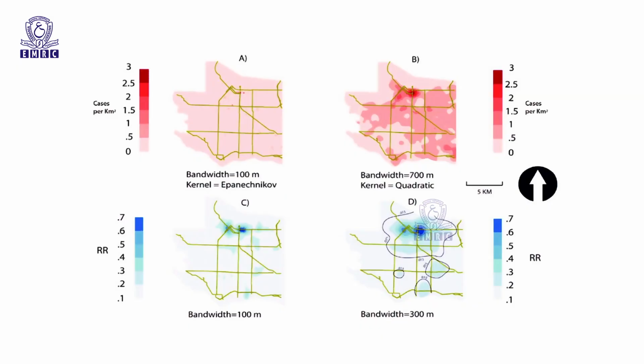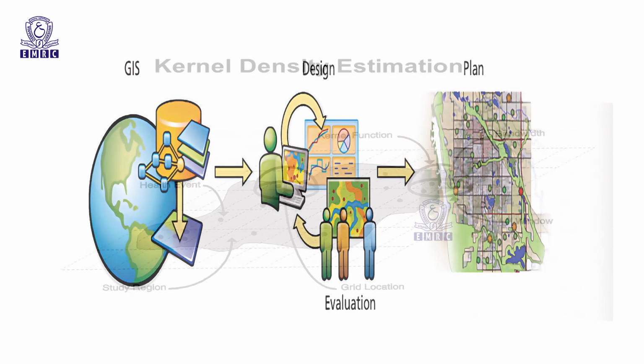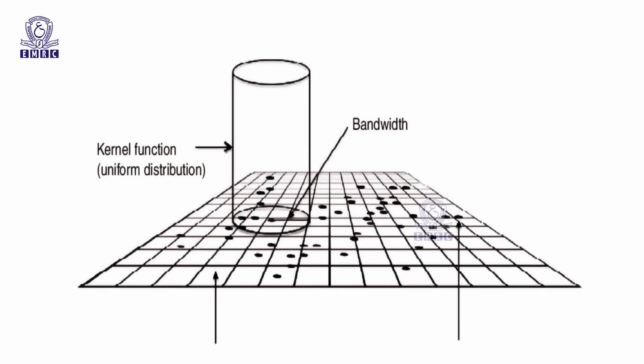For some applications, density estimation provides an alternative to point pattern analysis, which describes a pattern in terms of random, clustered, and dispersed. There are simple and kernel density estimation methods. The simple method is a counting method, whereas the kernel method is based on a probability function and offers options in terms of how density estimation is made.